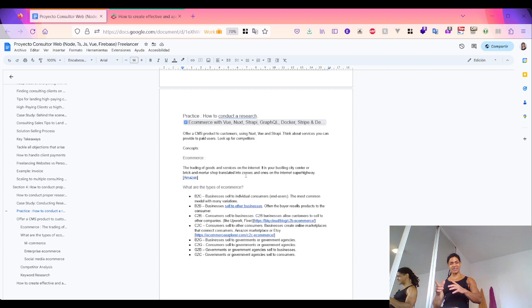I found out that there are several actors involved in this trade, such as the government, business, and consumers. The most common business model is business to consumer, such as online retailers, online platforms or online marketplaces, and subscription services.